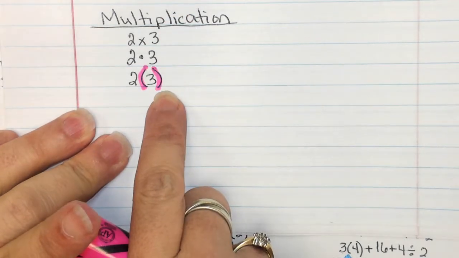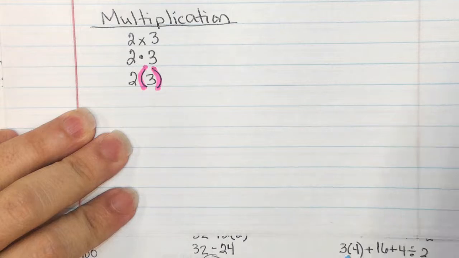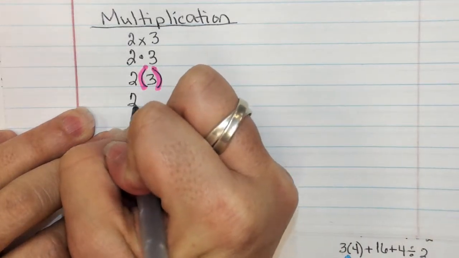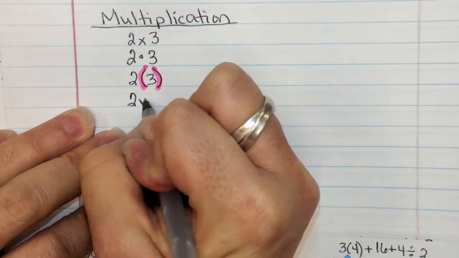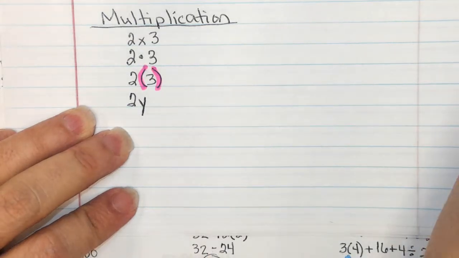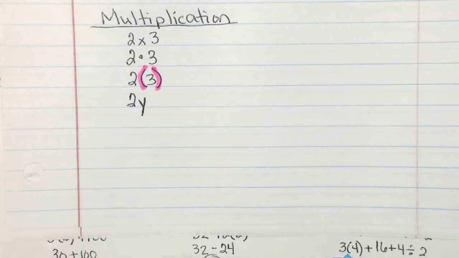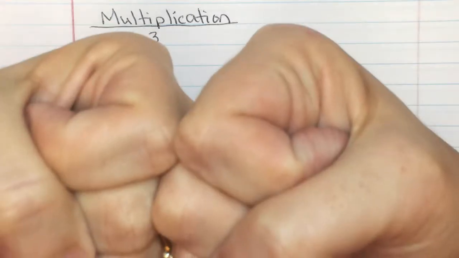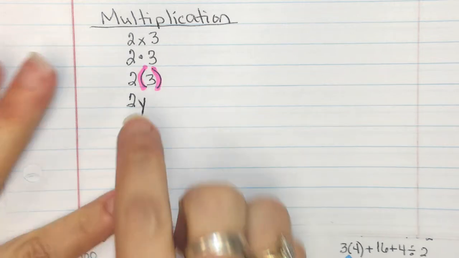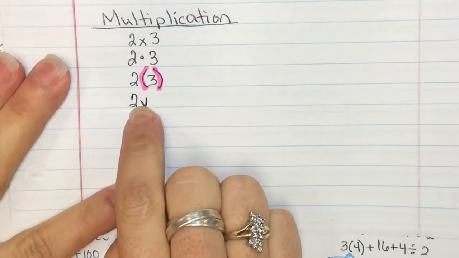That means multiplication. The last thing is when you see something like this, like 2 with a Y or 2 with a Z. I call this when there's a number and a letter crammed up against each other. I literally knock my hands together because it's like there is no symbol between that. There's no addition.